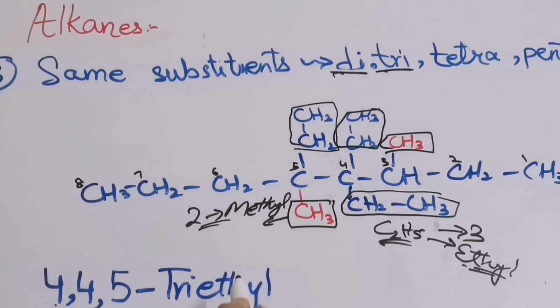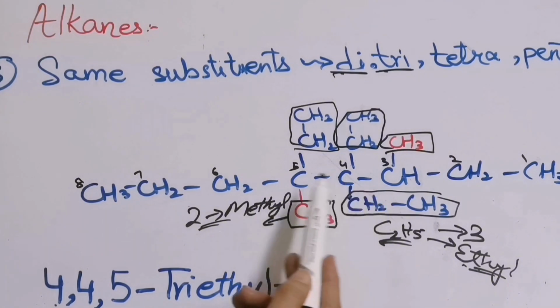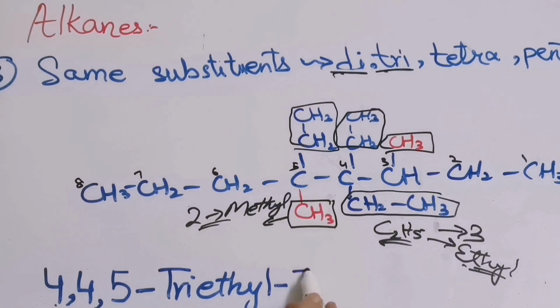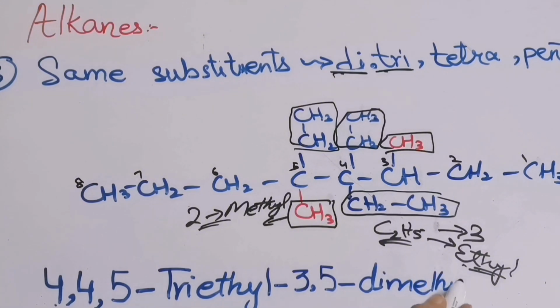Right? Then we will again put hyphen and we will write the positions of methyl. They are present on position 3 and 5. 3, 5. Then we will write hyphen dimethyl.